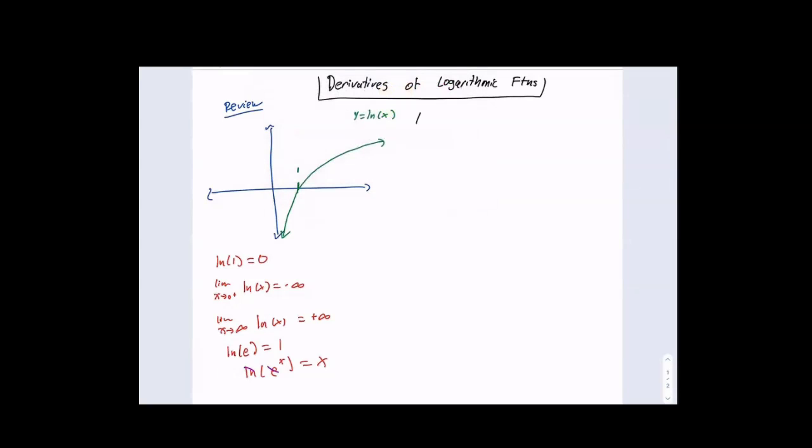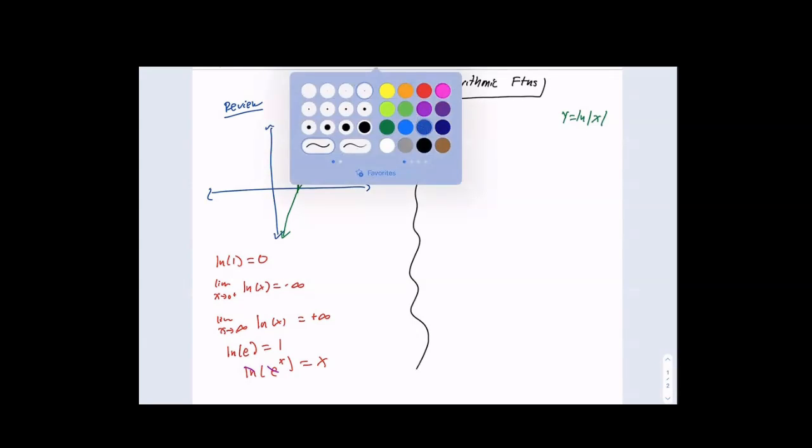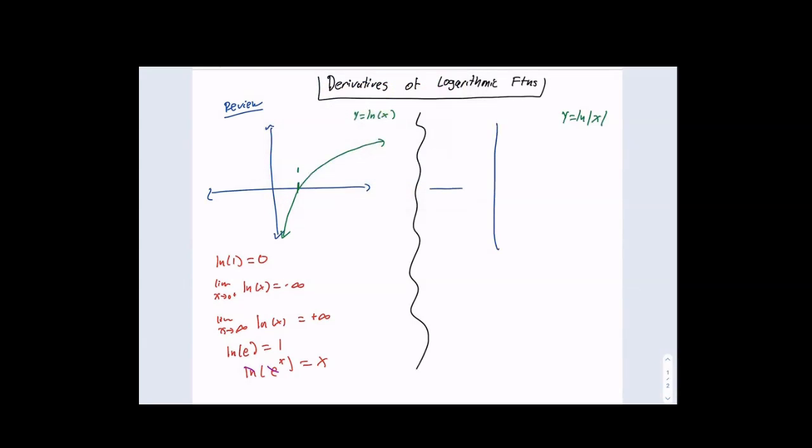Now, because of the way the derivative works, most of the time we don't study just the natural log function. We study y equals the natural log of the absolute value of x. We do this more for a domain issue, because in this function right here, x has to be greater than 0. Over here, x just cannot be 0, because x can be negative.